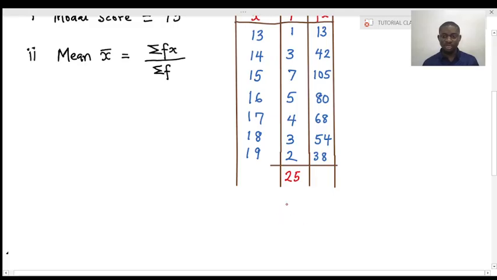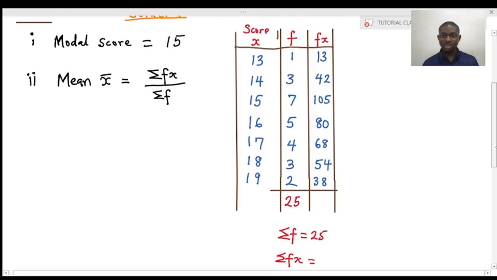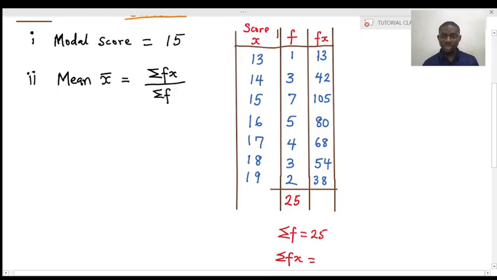Summation f is equal to 25, and our summation fx involves adding all the fx together: 13 plus 42 plus 105 plus 80 plus 68 plus 54 plus 38, that gives us 400.